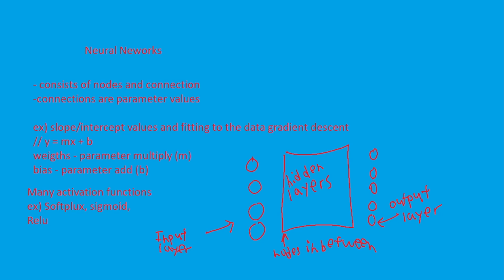This could be represented as a bunch of different values, or an array, or matrix. It goes through different weights and biases that multiply and add, which are then, through backpropagation and gradient descent, modified so that we get the correct output from the corresponding input.